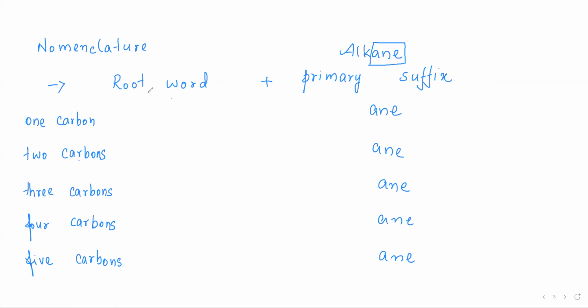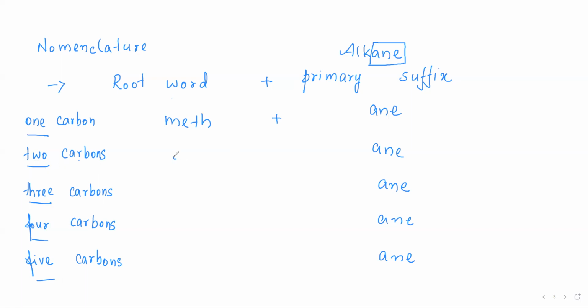Now, from what are we getting the root word? A root word is written based on how many carbons are present in the given compound. Suppose the parent chain, I'll explain what the parent chain is a little later. If you find one carbon, then the root word corresponding to that is meth. So your compound is now methane.